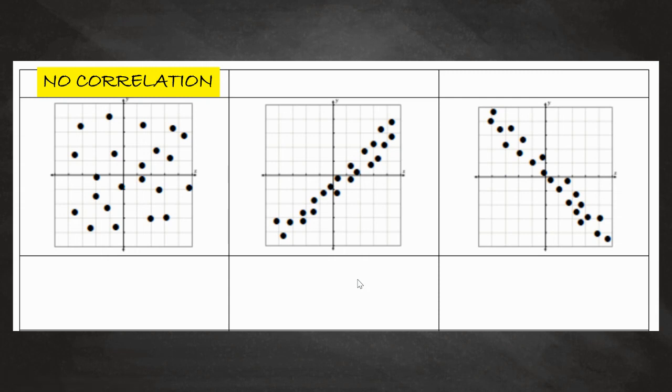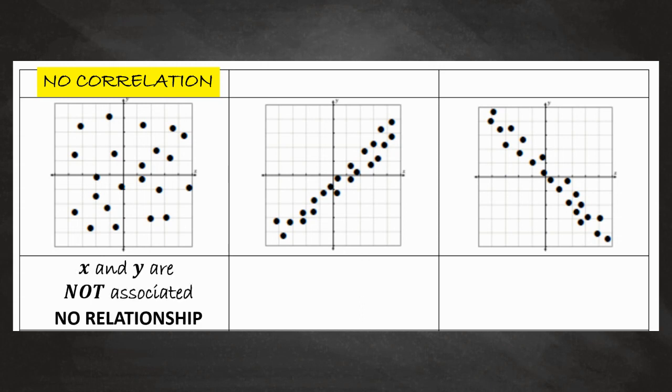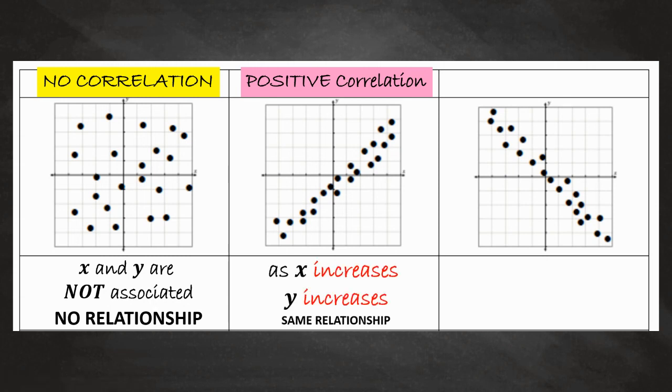They don't make a pattern, they're scattered all apart, and when there's no correlation, the x and y are not associated, so there's no relationship. In this next scatter plot, there is a positive correlation. When there's a positive correlation, as your x increases, your y increases. As one goes up, the other goes up, so they have the same relationship.